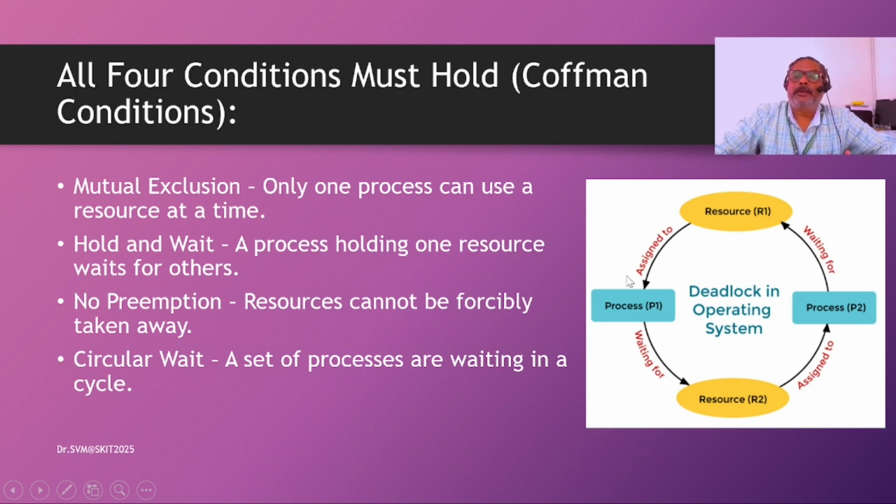And the third thing, as you can see, there is a loop here. R1 is assigned to P1, P1 wants R2, R2 in turn is assigned to P2, P2 wants R1.